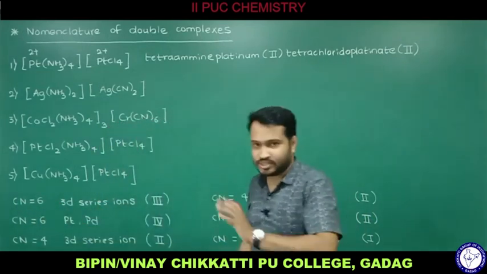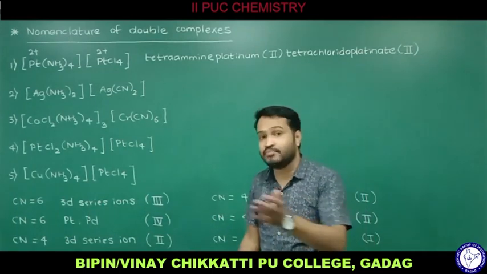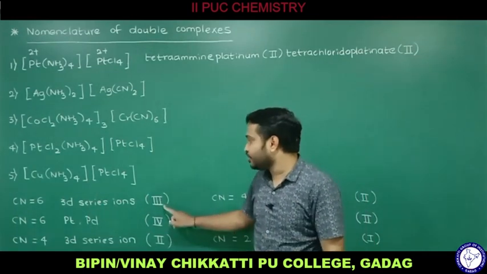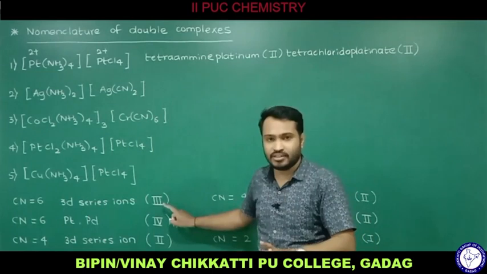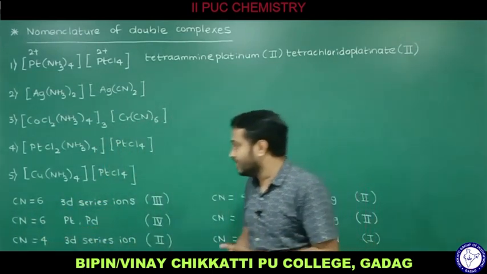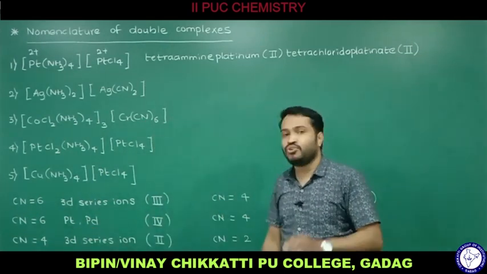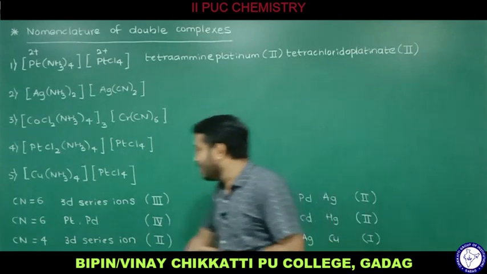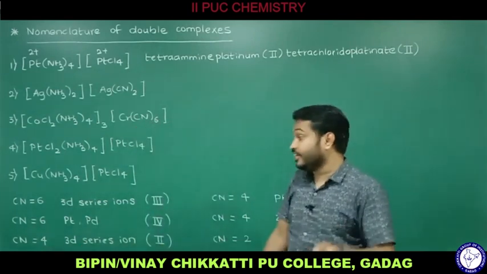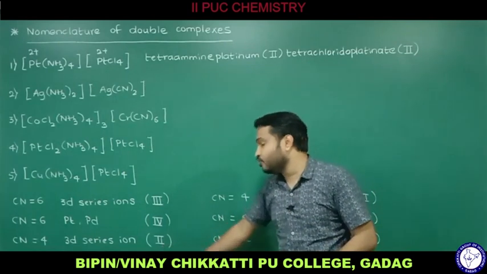So if the coordination number is 6 and we have 3d series ions from scandium to zinc, the oxidation number would definitely be 3. If we have coordination number 6 and the elements are platinum and palladium, the oxidation number would definitely be 4. If we have coordination number 6 and 3d series ions from scandium to zinc, the oxidation number would be 2.